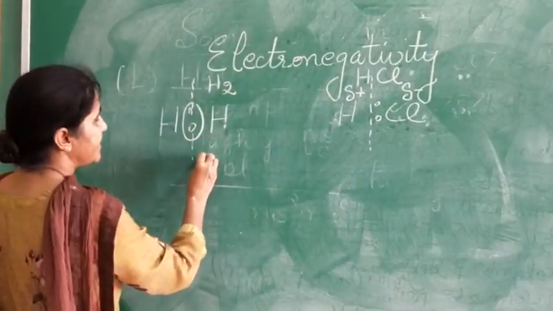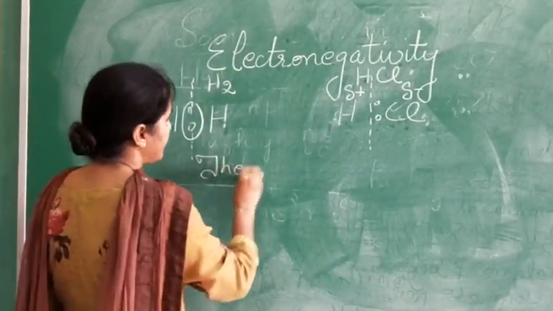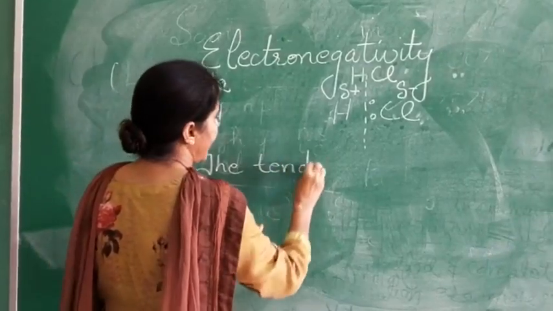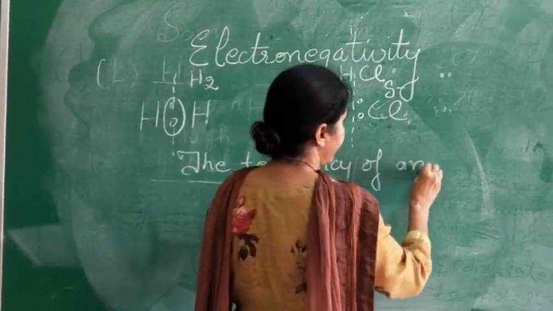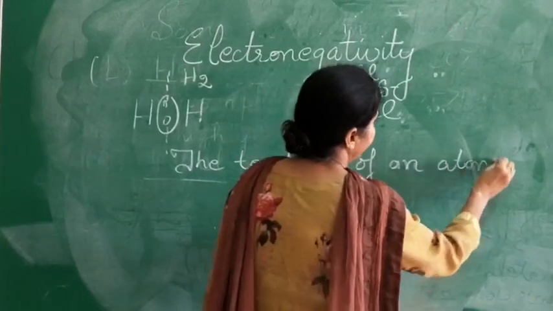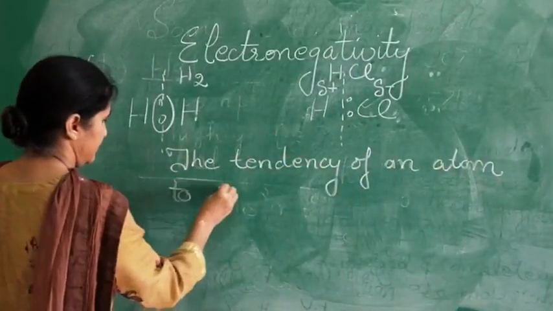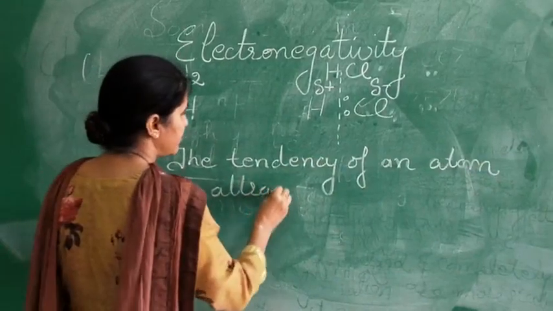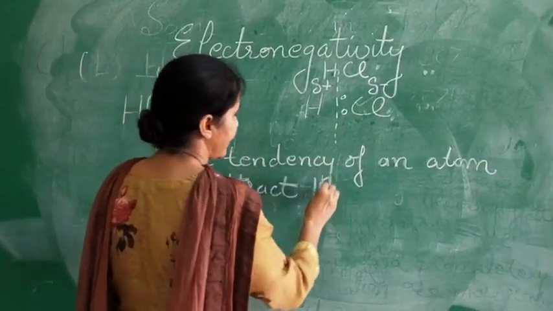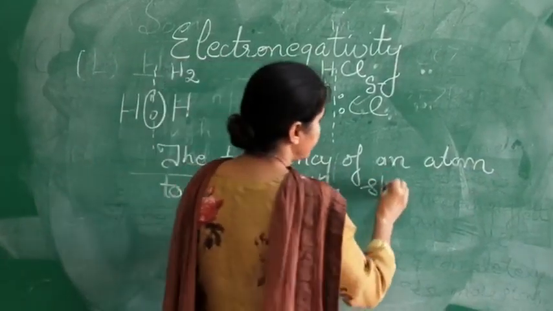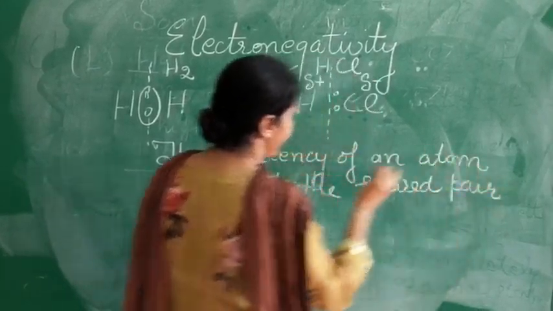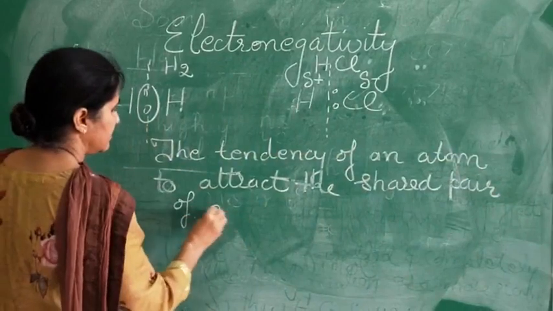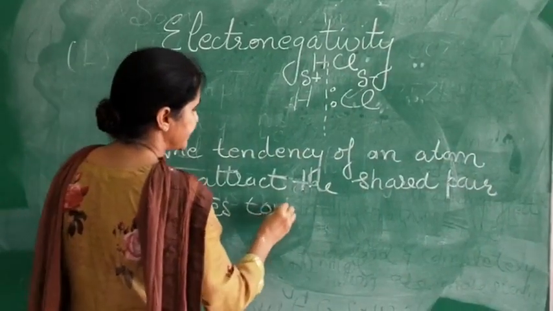So we can define electronegativity as the tendency of an atom to attract the shared pair of electrons towards itself.